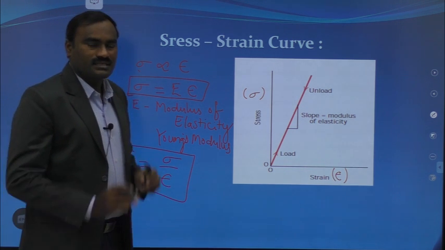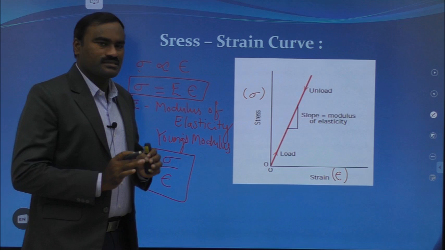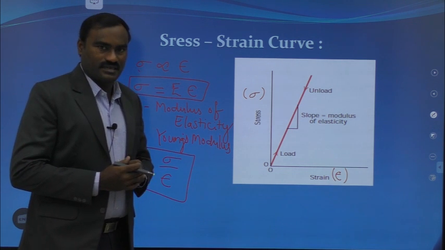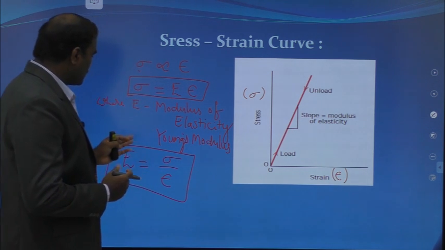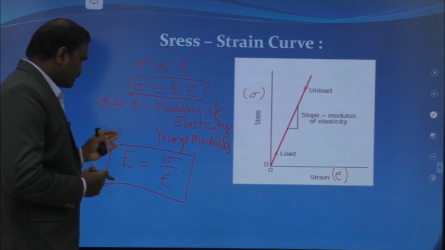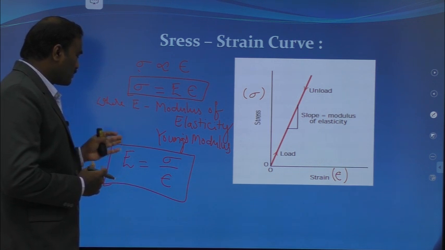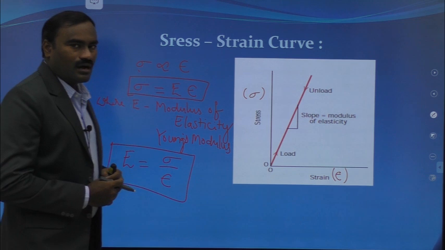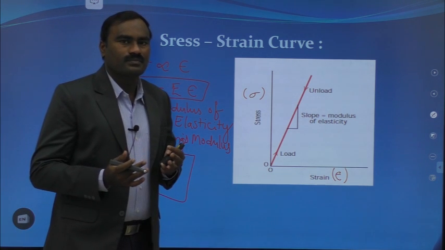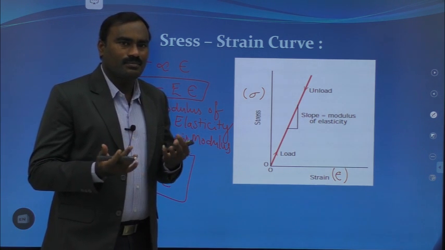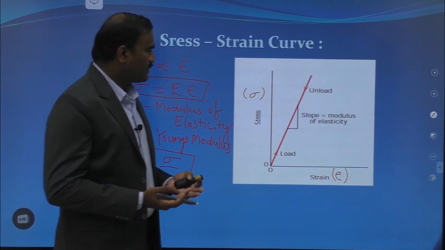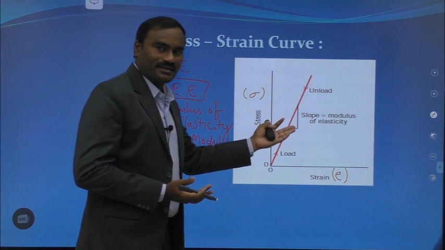Now let us see what is the significance of this stress strain curve, or the significance of Young's modulus or modulus of elasticity. Otherwise, what is the mechanical property which we can obtain from this stress strain curve?